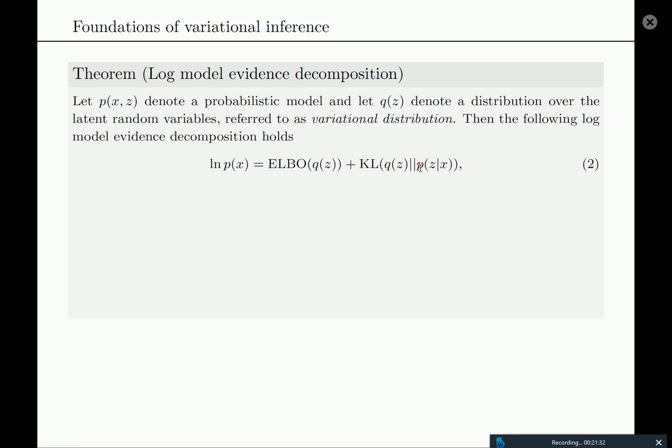It's similar to the conditional distribution of Z given X in the sense that it is a distribution over Z. If Z, for example, is a two-dimensional vector, then the conditional distribution of Z given a specific value of X is a distribution over a two-dimensional entity, real numbers for example, and Q also needs to be a distribution over Z, so a two-dimensional real vector in this case. For now, this Q(Z) is any arbitrary distribution.